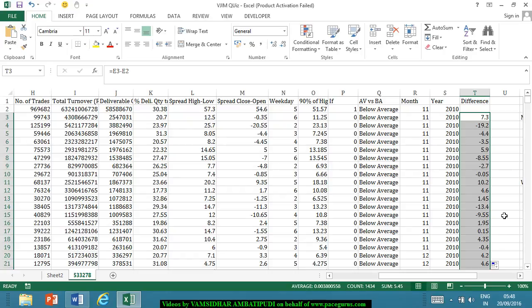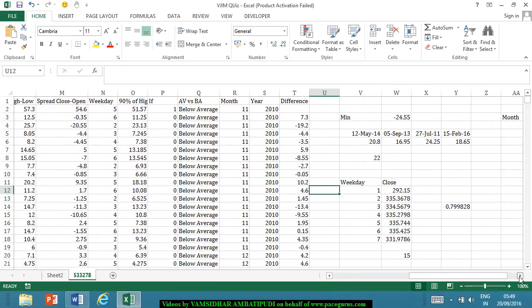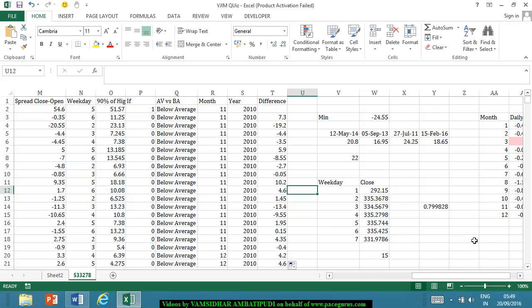So it could be a positive 20 or a negative 20. So what is that I can do? I can very well set, first I can look out for positive 20, but I need the years only, 2015.